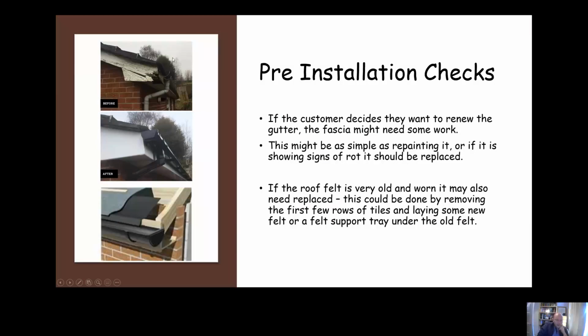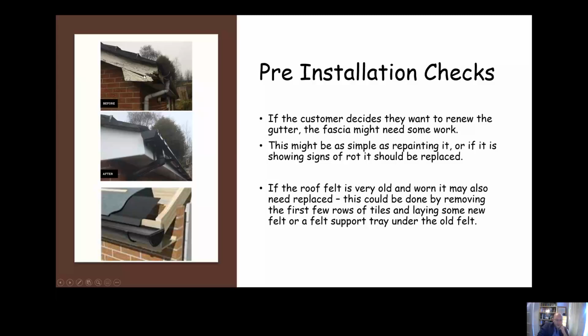So, pre-installation checks. If the customer decides they do want to renew the gutter, they don't want just some maintenance, then it's worth considering what might need to be done as part of that job.